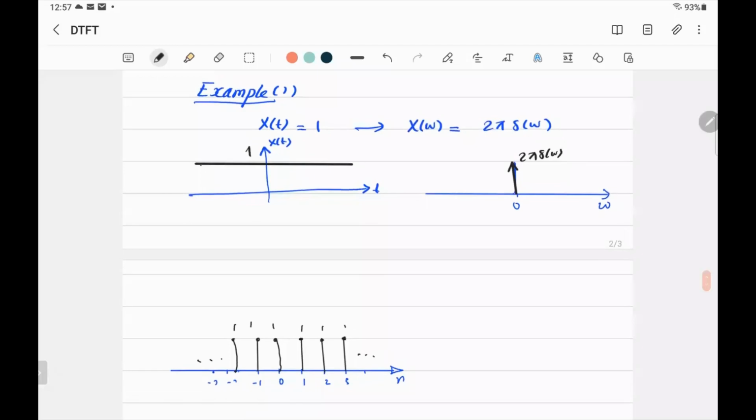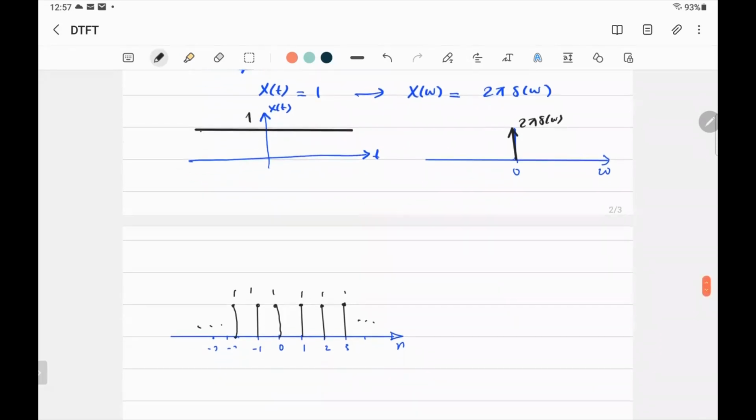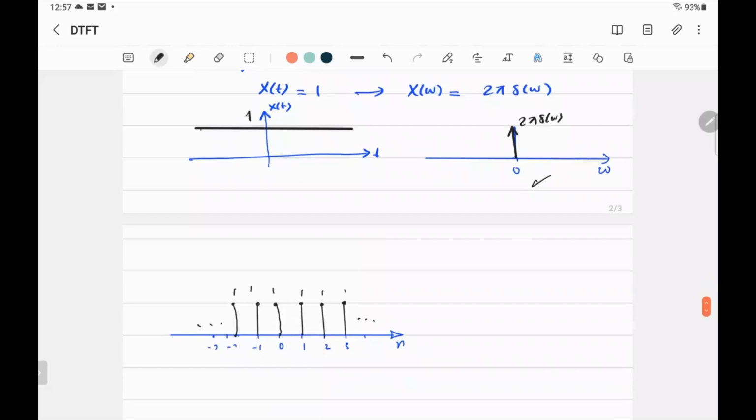Why? Because we said that the Fourier transform of a discrete time signal will be a periodic function of omega and repeat every 2 pi. So all you're supposed to do is take this function that you got, X of omega, and repeat it every 2 pi. And you get it without doing the integration.